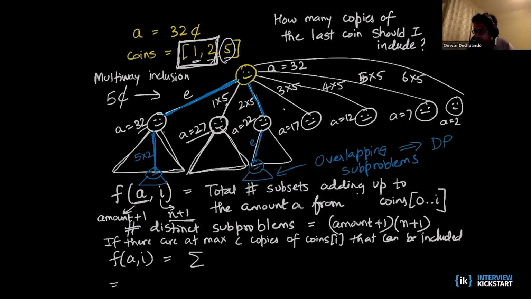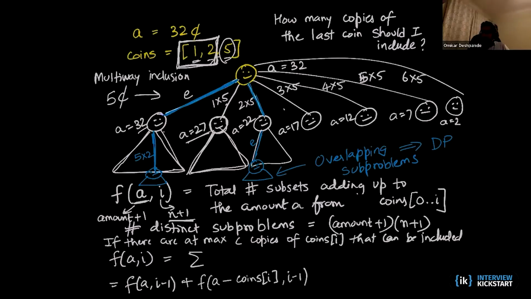So the exclusion choice would be f of a comma I minus 1, right? Because the amount remains the same and my subordinate is going to look at all coins except for the coin that I was focused on. Or maybe I include one copy, in which case it's going to be a minus coins of I. That will be the amount.